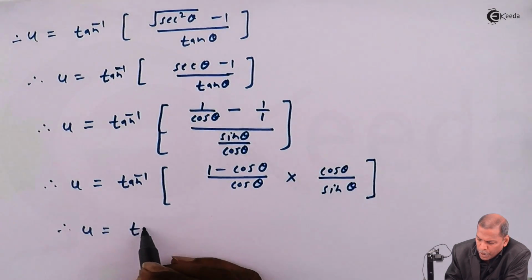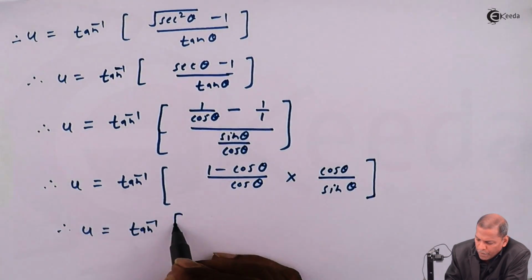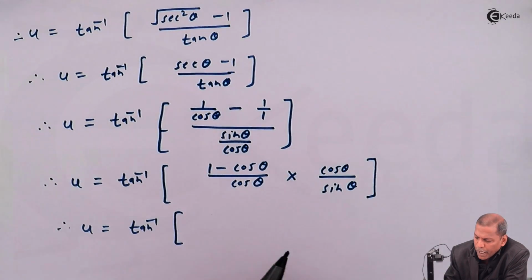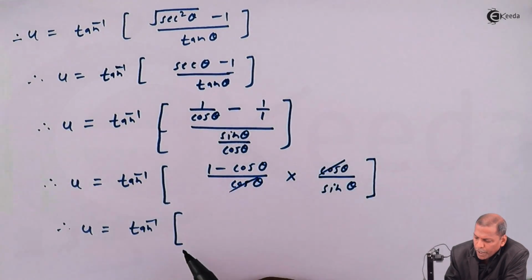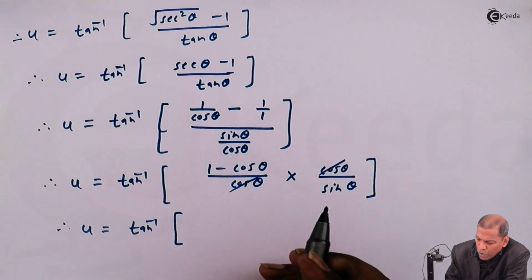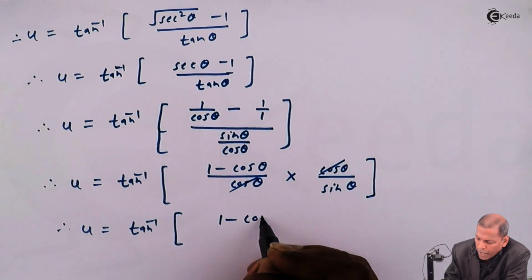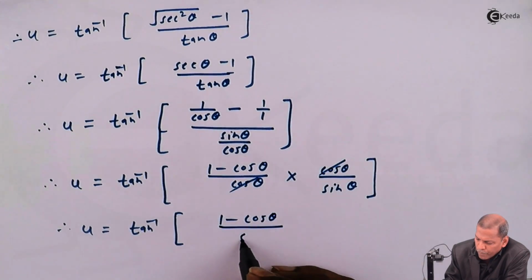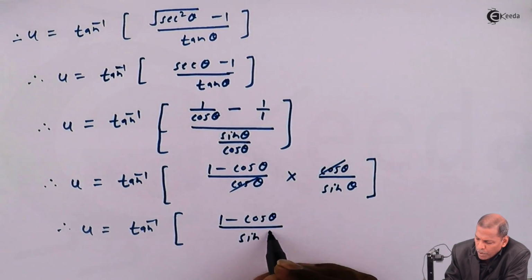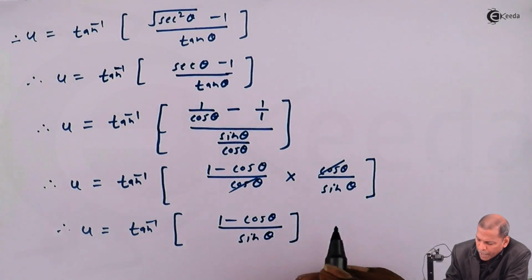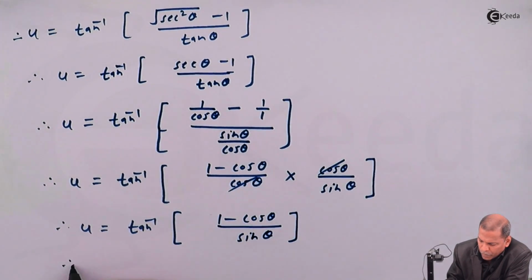So u is equal to tan inverse of. Now we cancel cos theta from numerator and denominator. So we have 1 minus cos theta upon sin theta, the bracket complete.